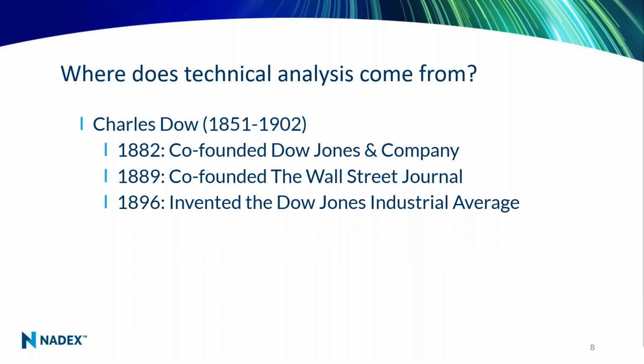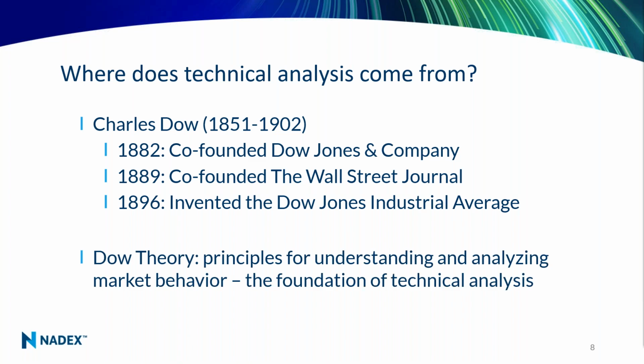We still look at this to this day. In 1896. All right, now that is actually really important because the concept of trying to put a number, a metric on the broader market, there was a reason why Charles Dow wanted that.